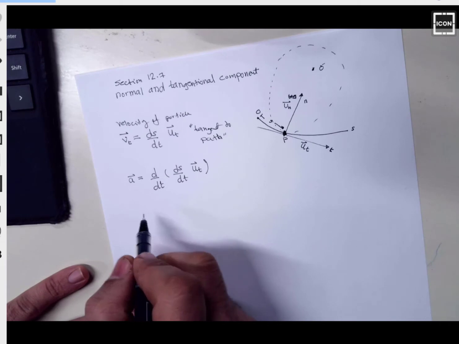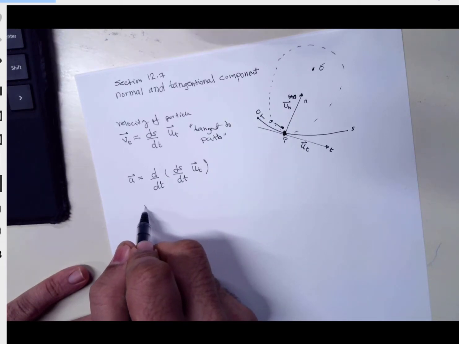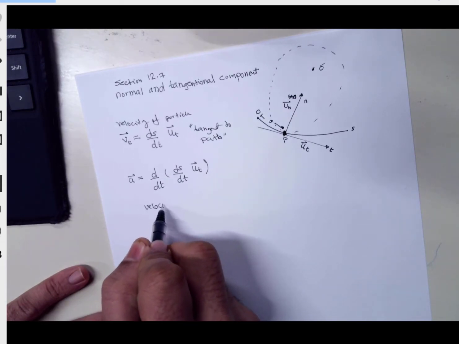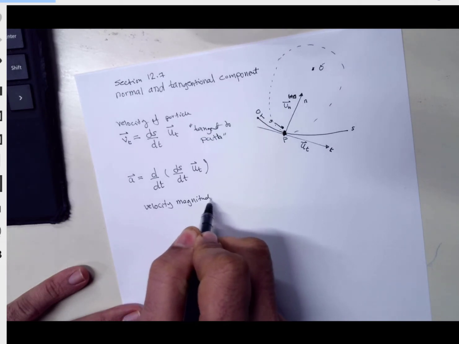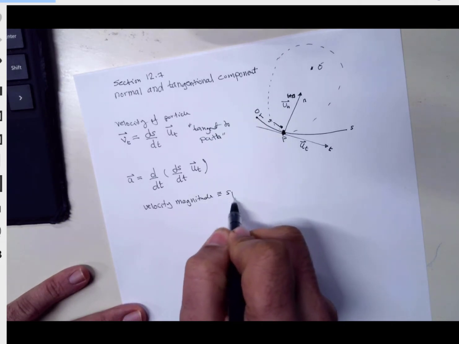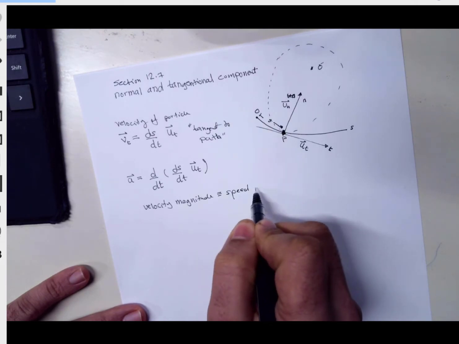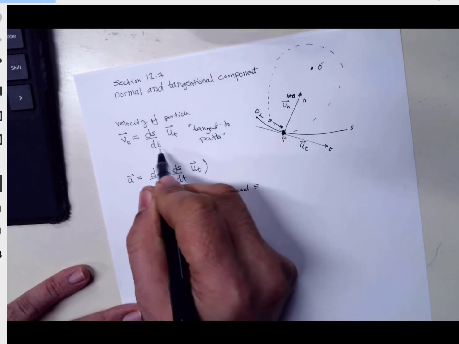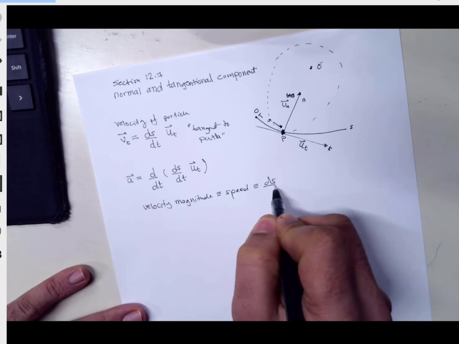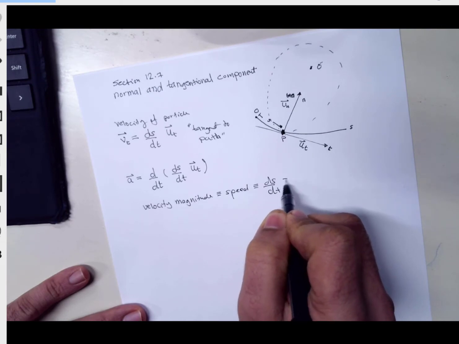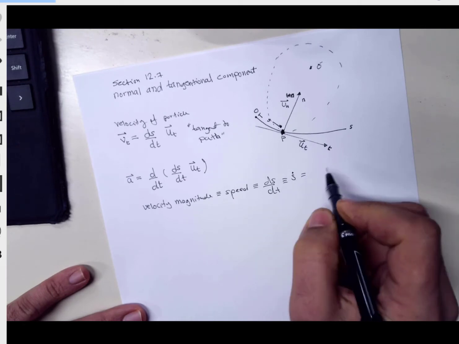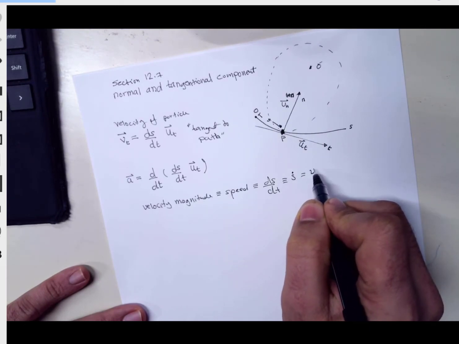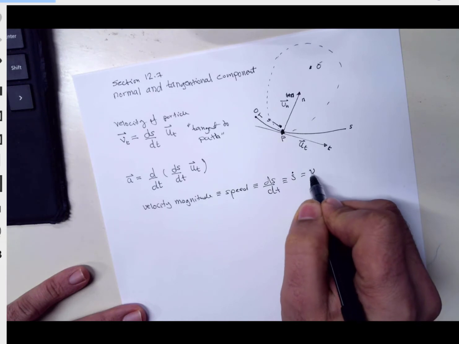I'm going to call the velocity magnitude, which is the speed, ds over dt, or s dot, or equivalently v without any vector notation, so this is v.